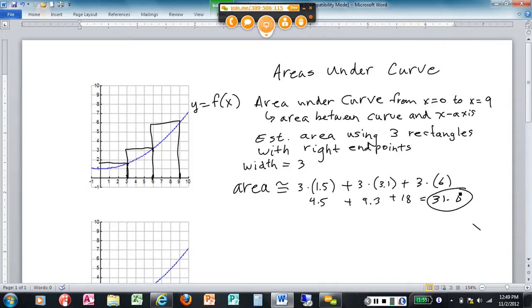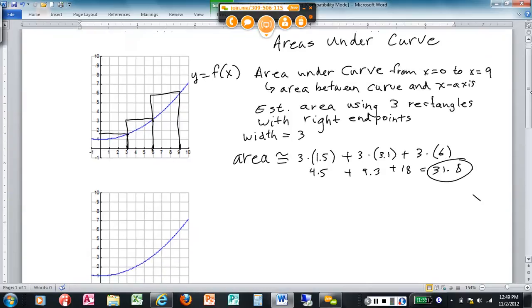Now, if I'm talking about the actual area under the curve, it's going to be more or less than 31.8. Obviously, the area under the curve is actually a little bit less than 31.8, isn't it? Because these rectangles have some extra area. But anyway, we're just getting a rough area to start with.